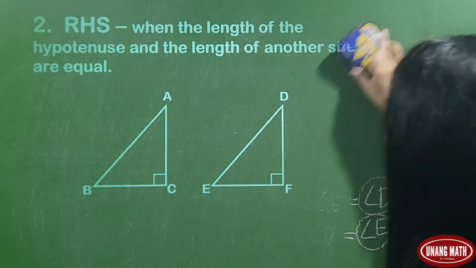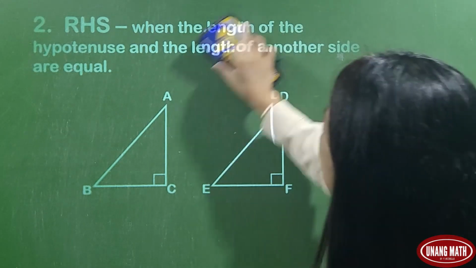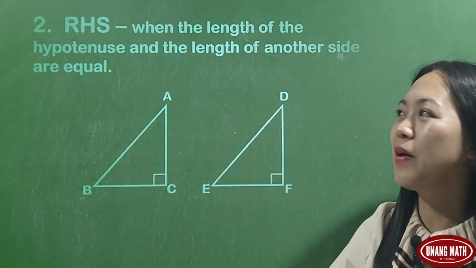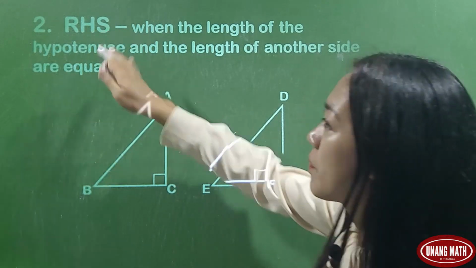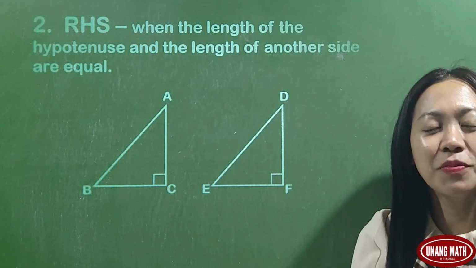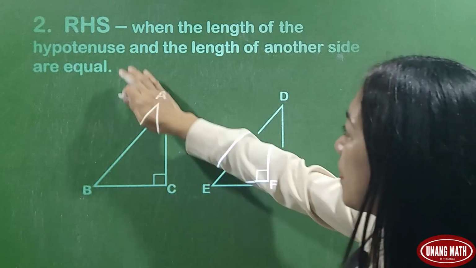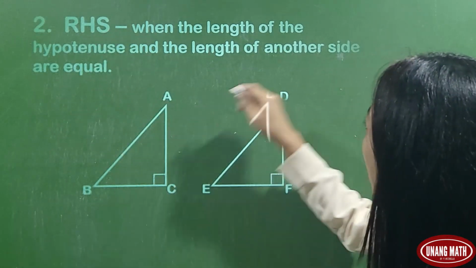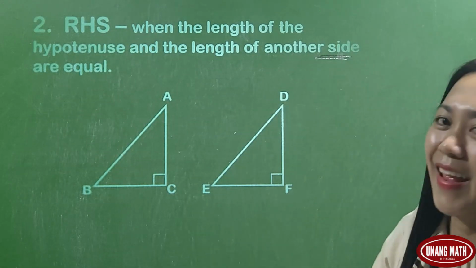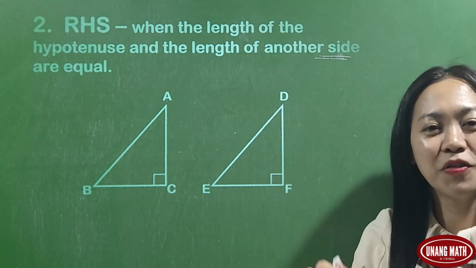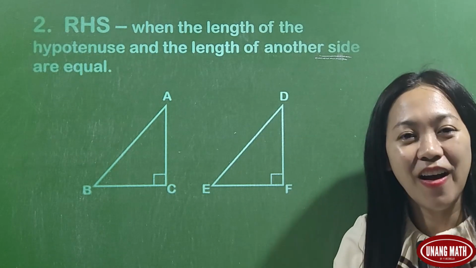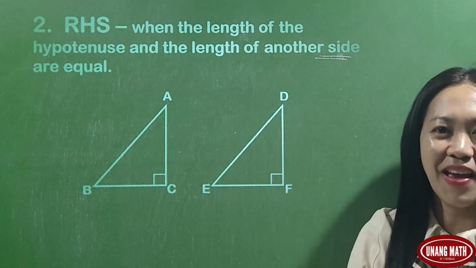This is what we call RHS congruence. If a while ago we considered the corresponding acute angles, this time, S stands for another side, and those corresponding sides are equal in measure.